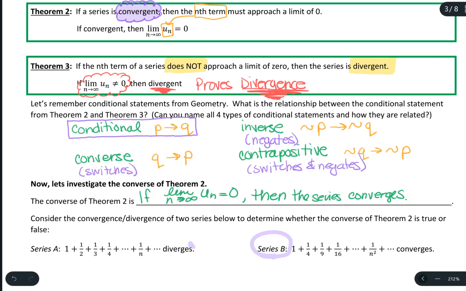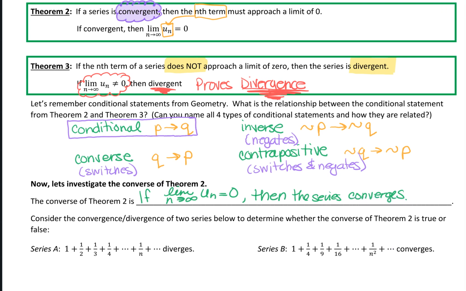Series B, here's the series, and I'm telling you that this series converges. Now the hypothesis of this converse of Theorem 2 is: if the limit of u sub n is equal to 0, then we can make this conclusion of convergent. So we need to find the limit of u sub n.